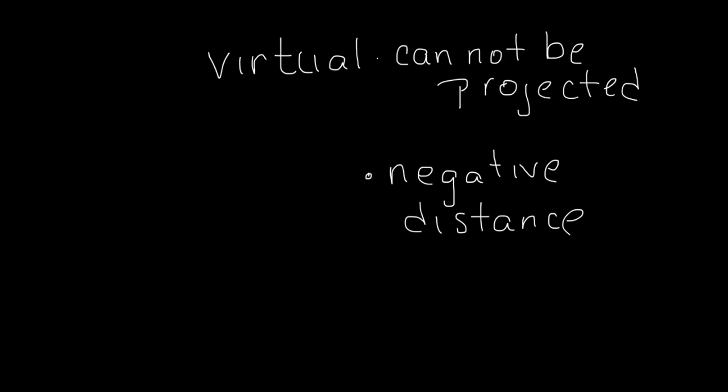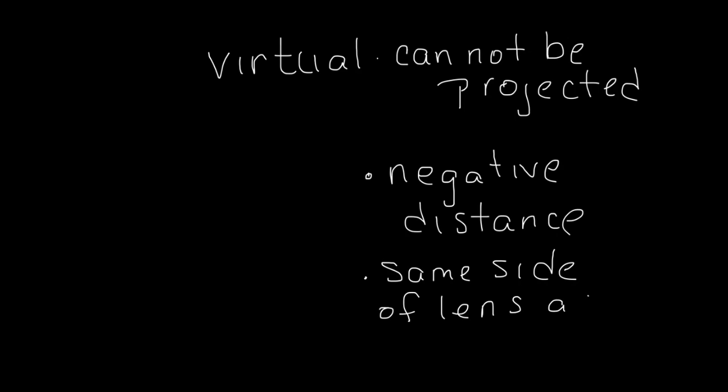And beyond the negative distance, it is on the same side of the lens as the object. That makes a virtual image.